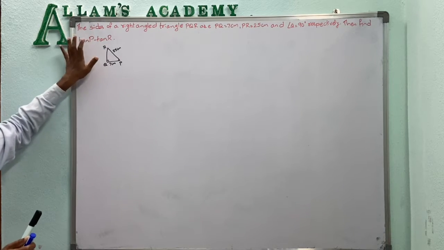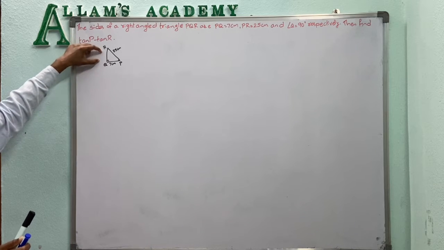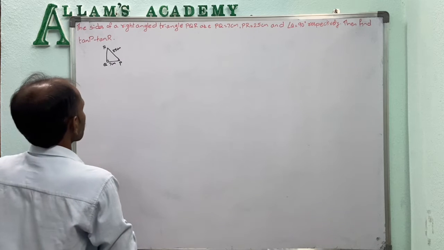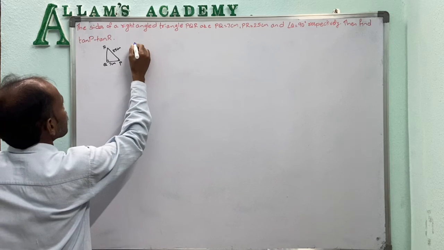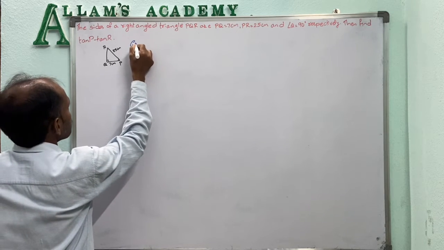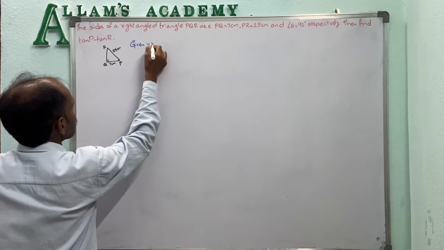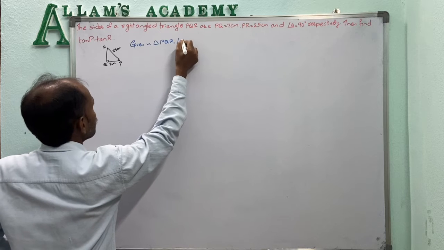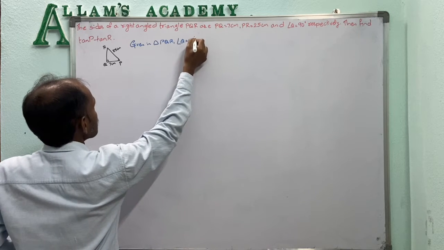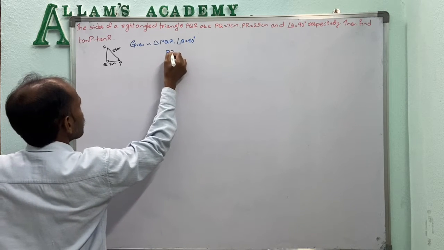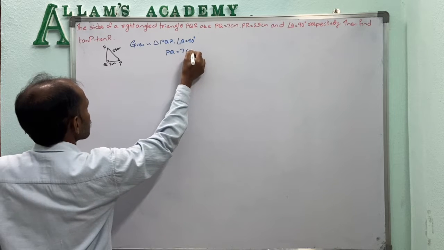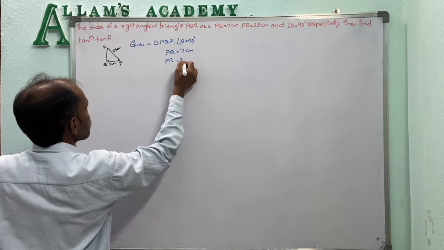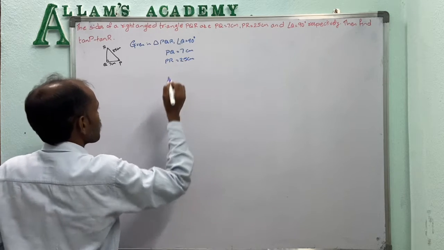For that purpose, we have to know the height of the triangle. Given in triangle PQR, angle Q equal to 90 degrees, PQ equal to 7 centimeters, RP equal to 25 centimeters.